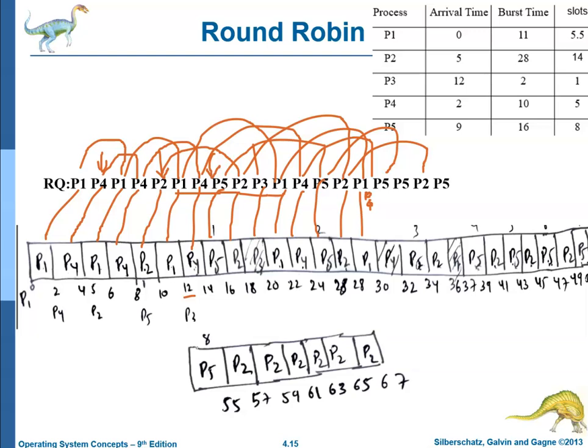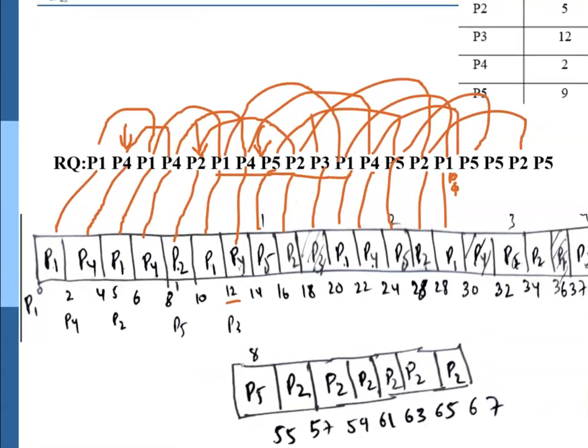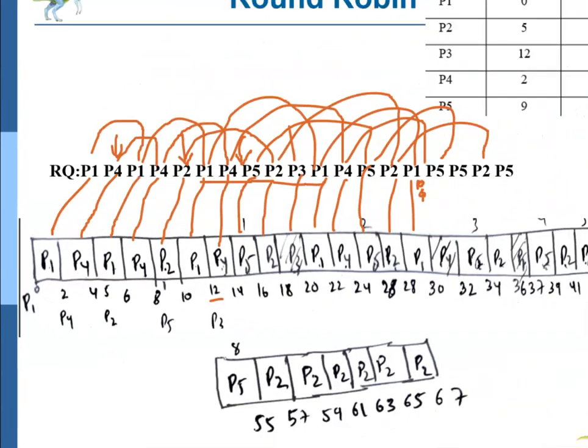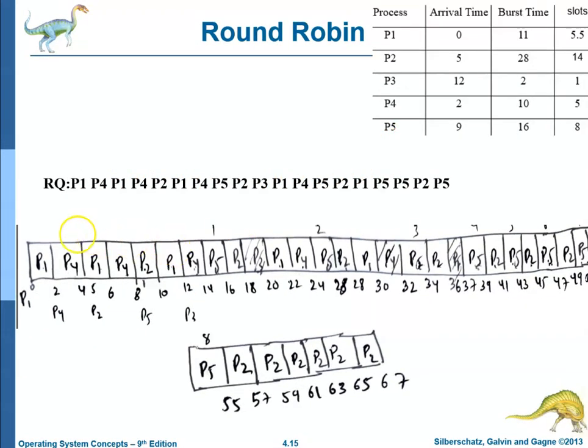You need to see how many slots each process has executed. For example, here P1 needs 5.5 slots. So let us count the time slots for P1: 1, 2, 3, 4, 5, and 5.5.